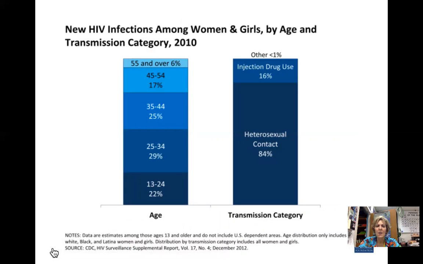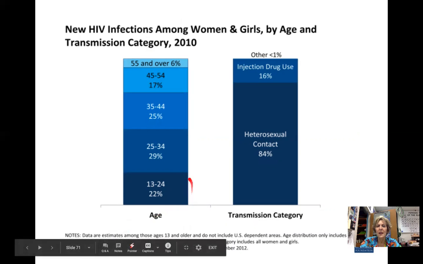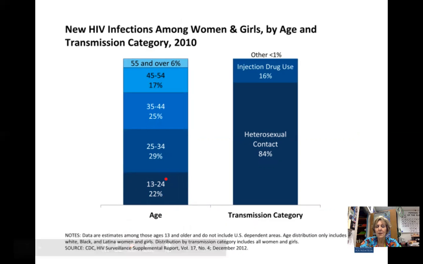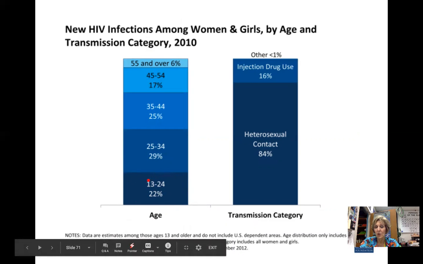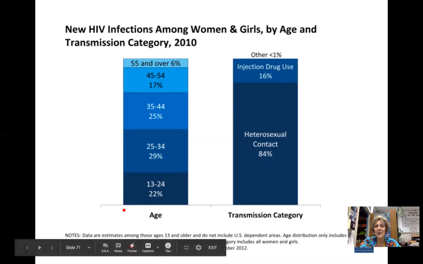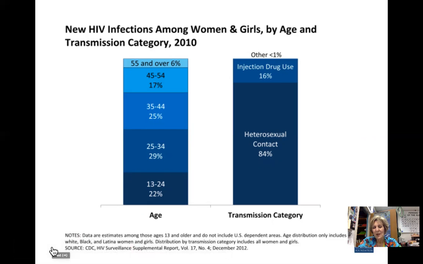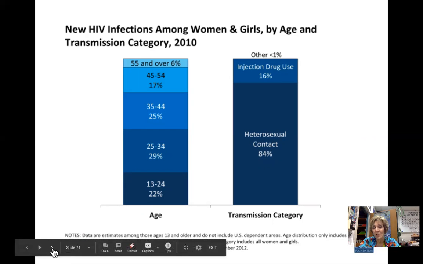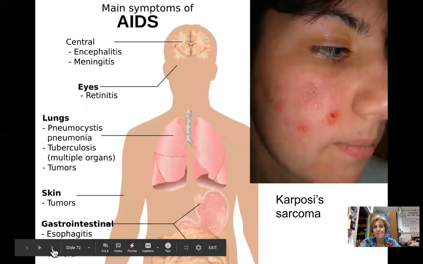And this is just showing you who are the biggest populations involved with transmission of HIV, and it's young people. And so that's really important to practice safe sex and make sure that you are not exchanging bodily fluids.